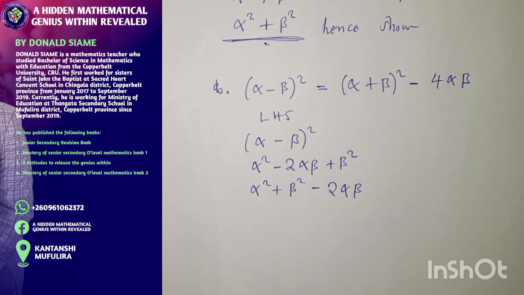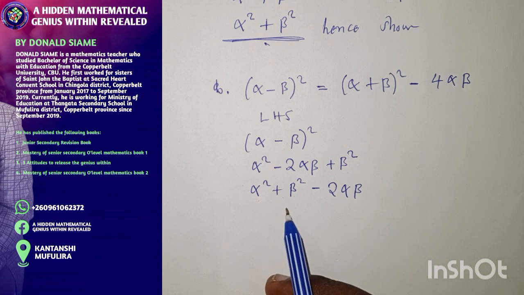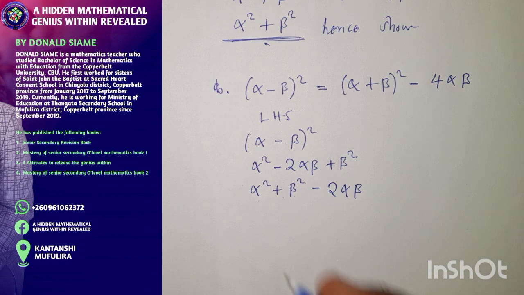Now these terms are connected. Here we have alpha squared plus beta squared, and we have an identity for alpha squared plus beta squared, which we have proven.